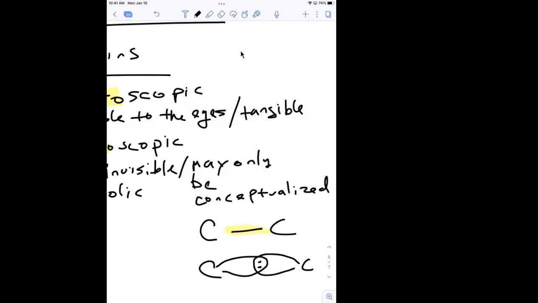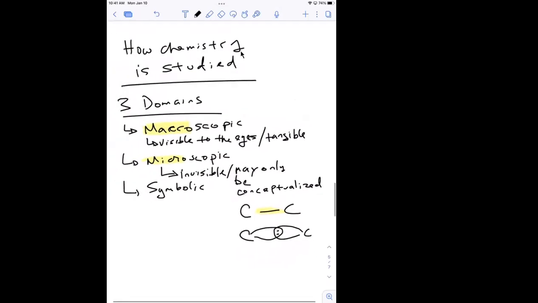And there are some really, really powerful tools at our disposal as scientists to see things on the micro level that are not visible to the naked eye. But sometimes on a micro level, we may only be able to conceptualize it, to come up with an idea of what we think it looks like.